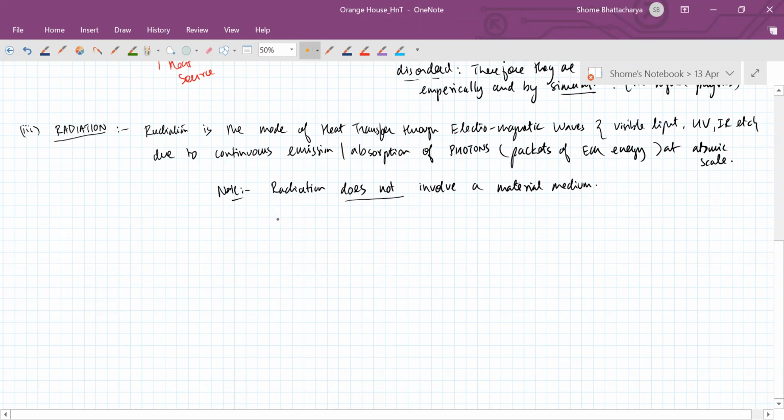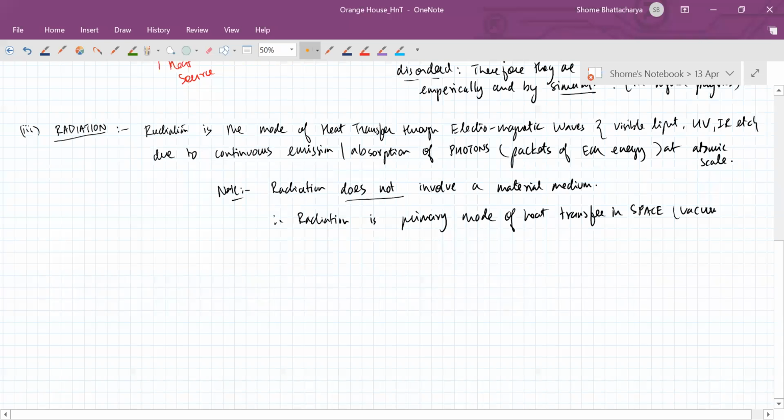Okay. Therefore, radiation is the primary mode of heat transfer in space, vacuum.